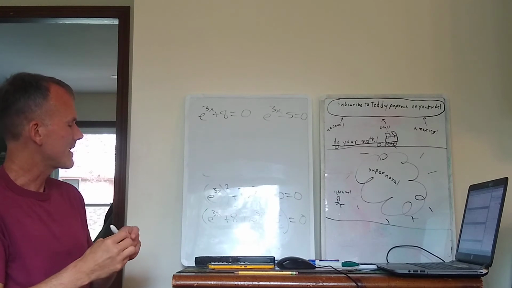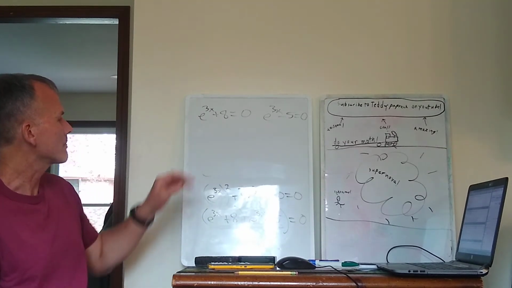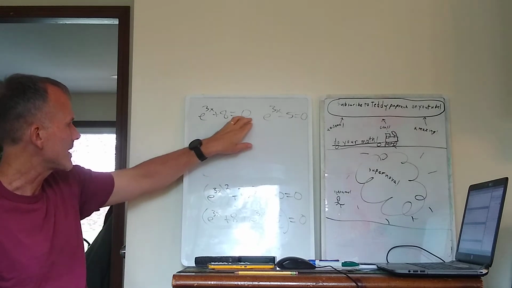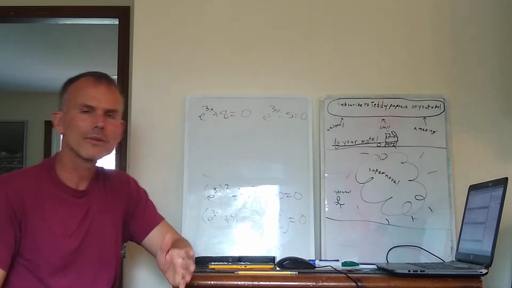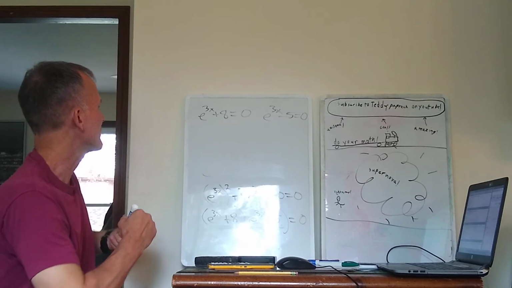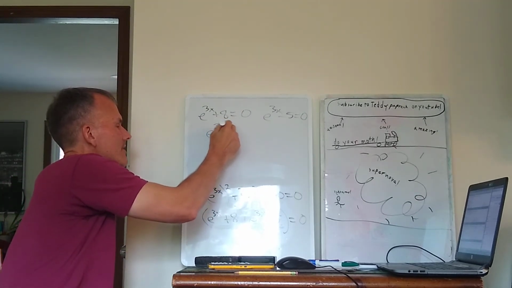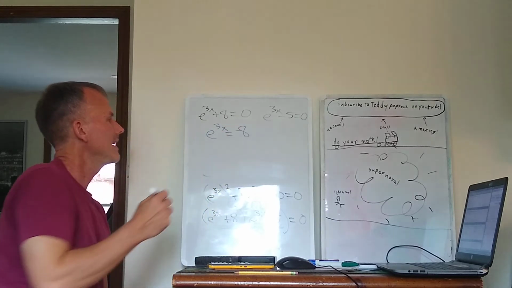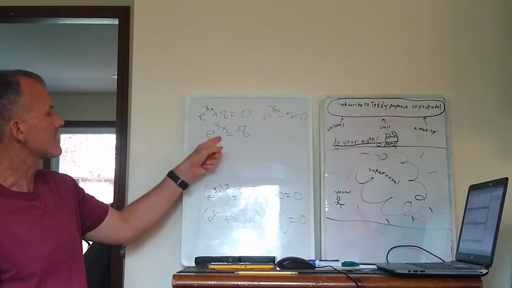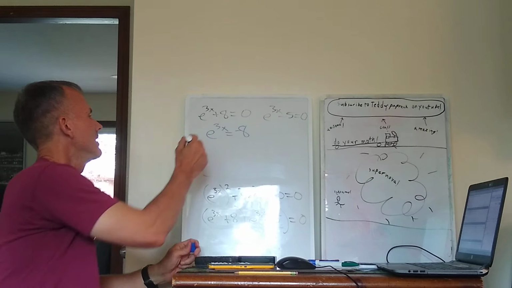As you become more experienced with these, you'll probably recognize that this first equation is not going to take us anywhere that we want to go. I would have to subtract 8 from both sides, so I'd have e to the 3x equals negative 8. The next procedural step, since this is an exponential equation, would be to take the natural log of both sides.